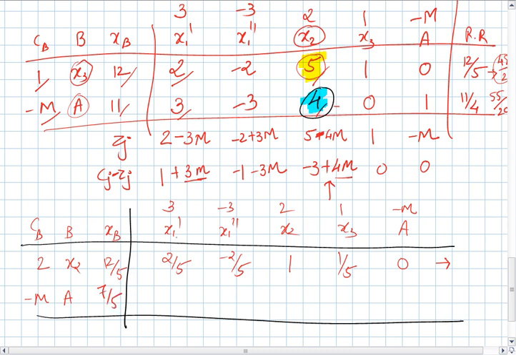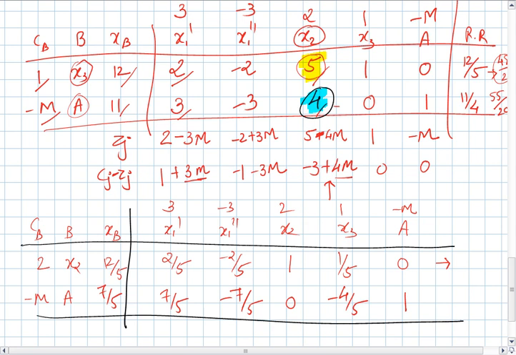Then here 3 minus 4 times 2 by 5, so it is 7 by 5. Here it is minus 7 by 5. Here it is 0, then it is minus 4 by 5, then 1. Okay.